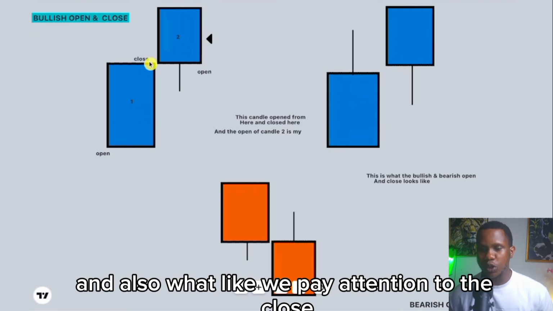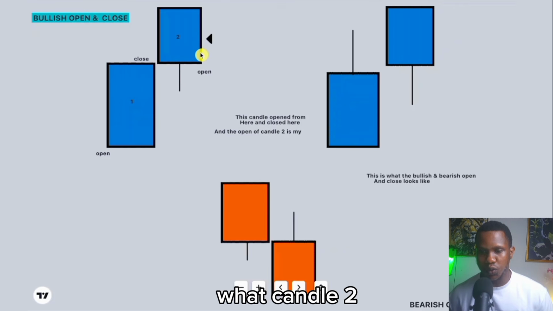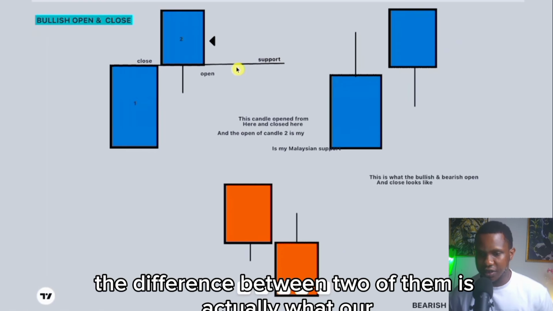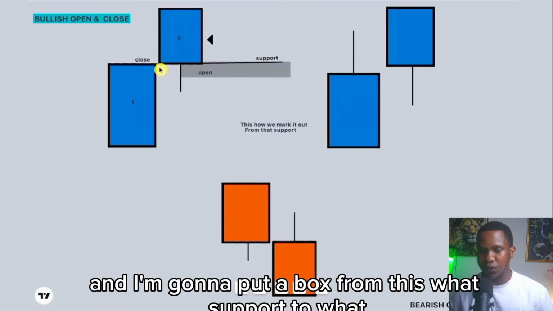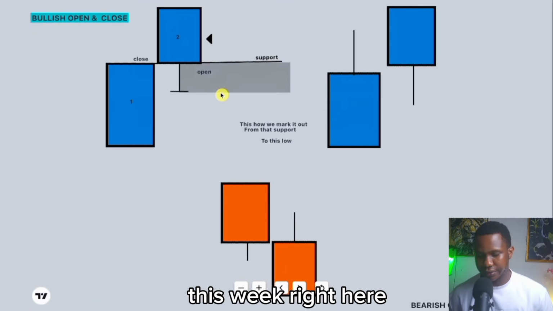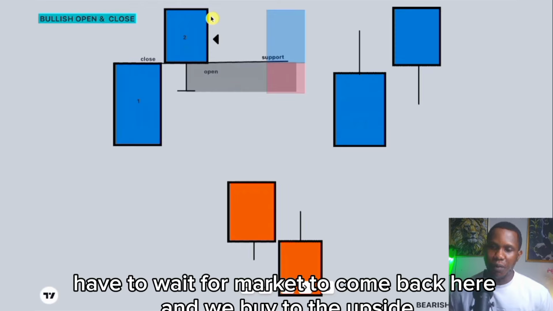We pay attention to the close of our candle 1 and the opening of our candle 2, and the difference between the two of them is our support level, traders. I'm going to put a box from this support to this week right here, and that is my Malaysian open and close. Have to wait for market to come back here and we buy to the upside, traders.